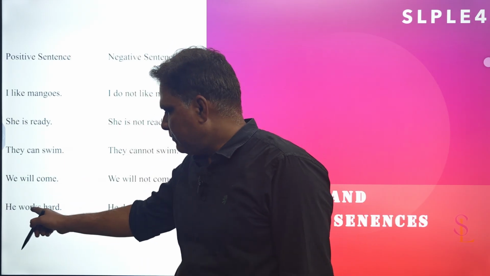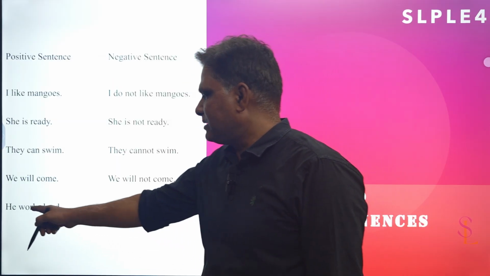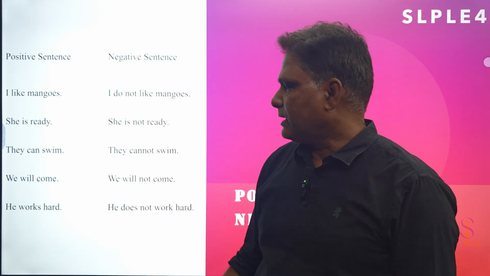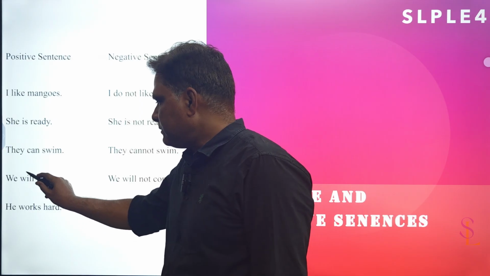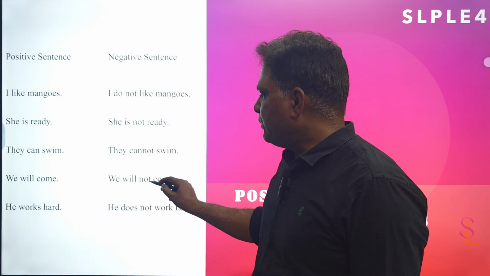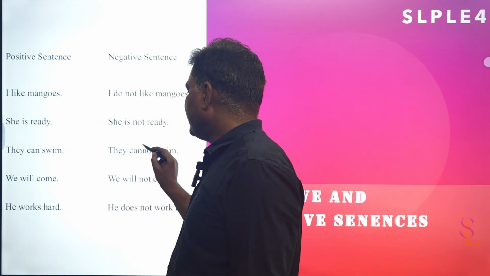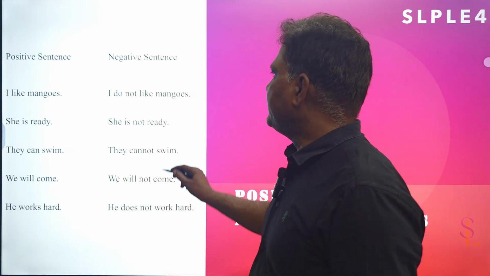If the verb is simple present, then it takes does because the subject is singular, and naturally when it is future tense, irrespective of the subject, it will take will not. They can swim, and here cannot is nothing but probability.